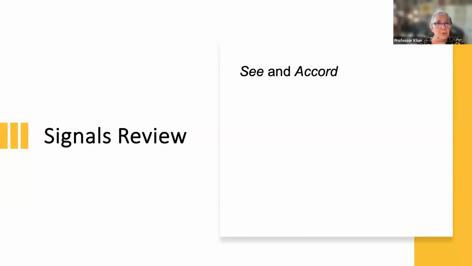So we're going to review these. If you have C and you have accord, what punctuation would you use between the two? The punctuation you would use between the two would be a semicolon because they are from the same classification of signals. They are both signals in support. If you have C also and contra, what type of punctuation would you use?